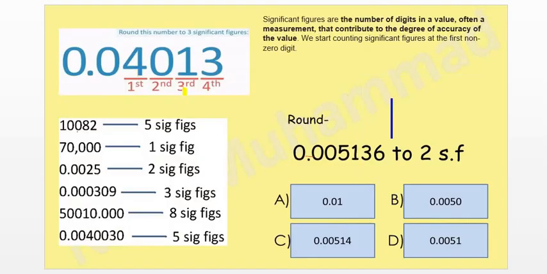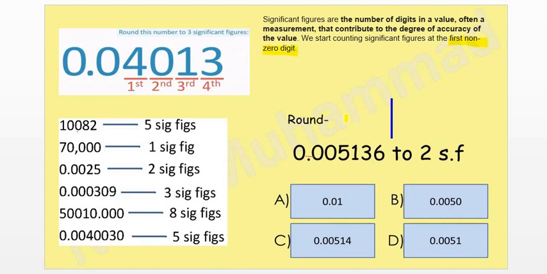So let's start. Remember, significant figures are the number of digits in a value, often a measurement, that contribute to the degree of accuracy of the value. We start counting significant figures at the first non-zero digit.